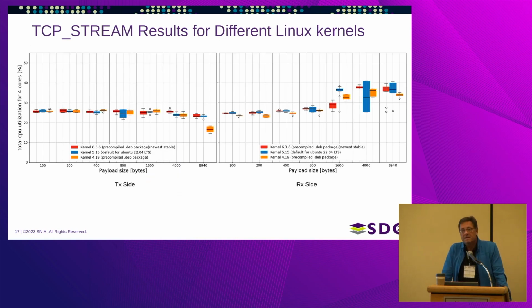The other aspect is CPU load. The way NetPerf shows us the CPU load is in percentage of all the CPU cores. So this was a 4-core system, so 100% translates to all 4 cores are fully loaded. And what you basically see here, it's on the transmit side of the TCP Linux, on the left-hand side the transmitter, right-hand side the receiver.